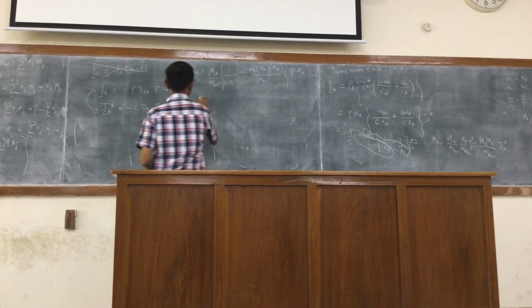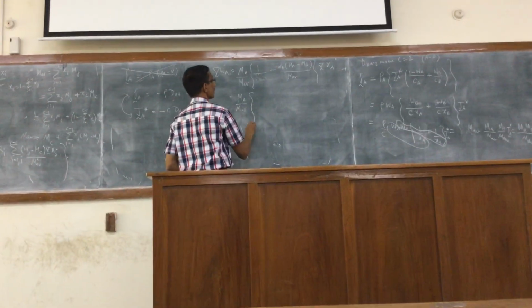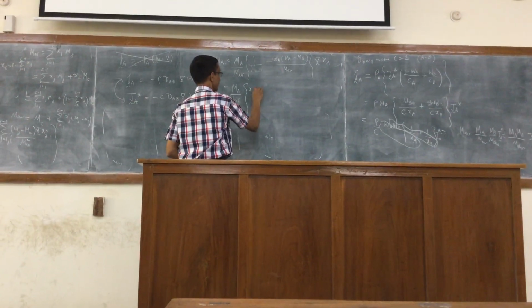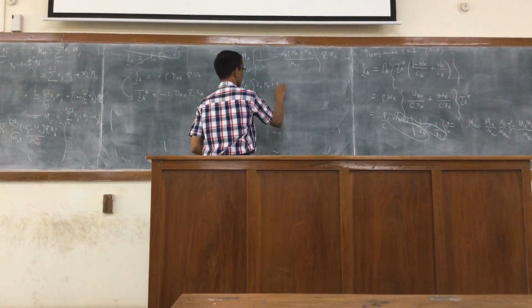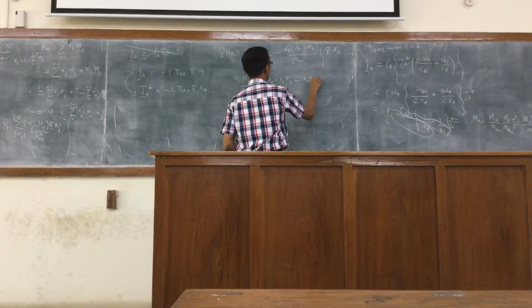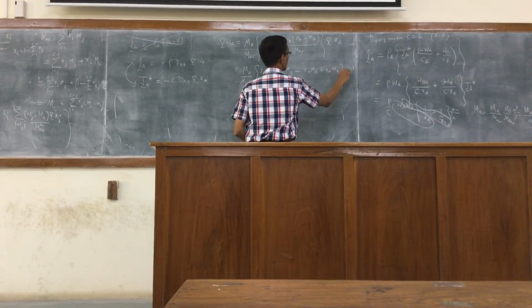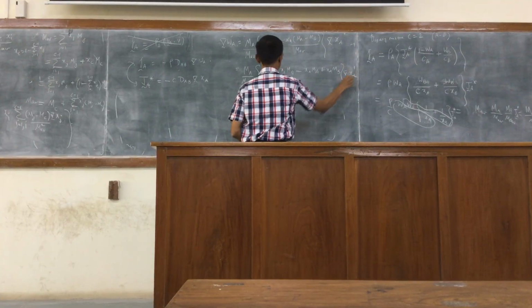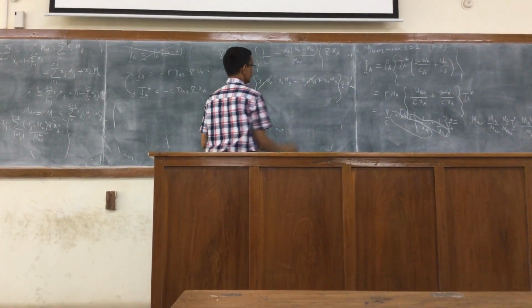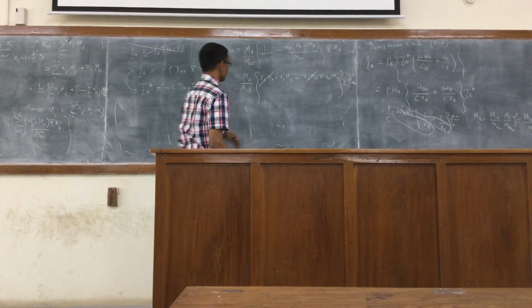So now this can be written as MA by M average, and M average I know is XA MA plus XB MB, minus XA MA plus XA MB. The XA MA will cancel. So this is XA plus XB times MB, that is 1 times MB.